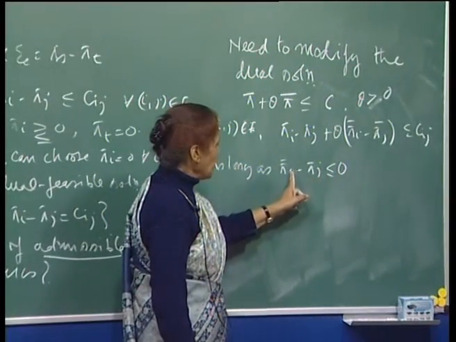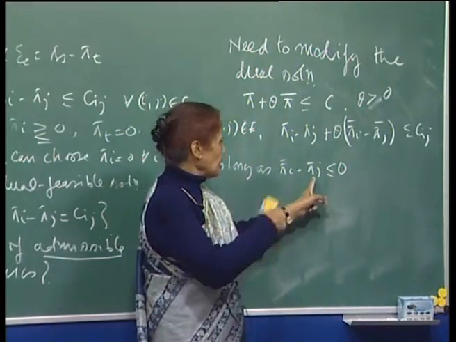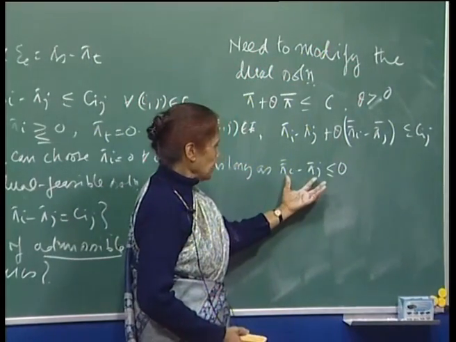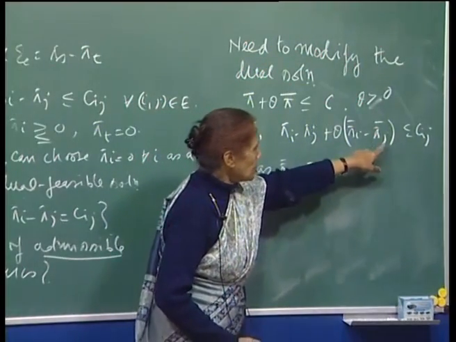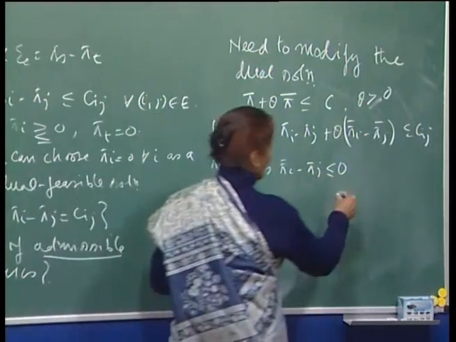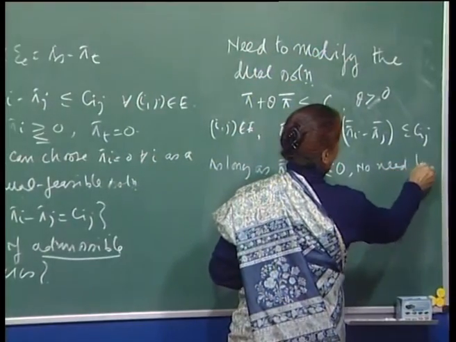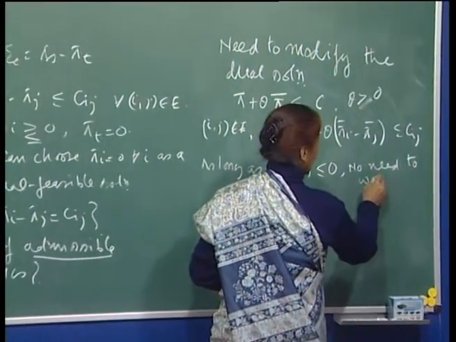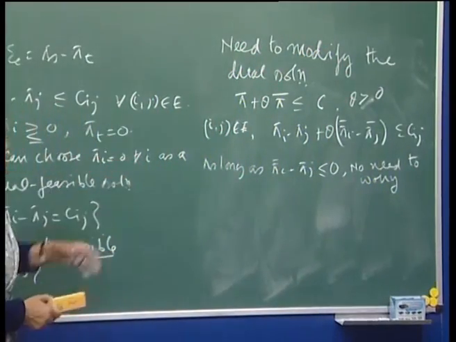So, when this is 0 and this is 1, this will be the case less than or equal to 0. We do not want that, because that is not a problem for us. The constraint will be satisfied, right. As long as this is 0, no need to worry. Any value of theta will satisfy the dual constraint, right.